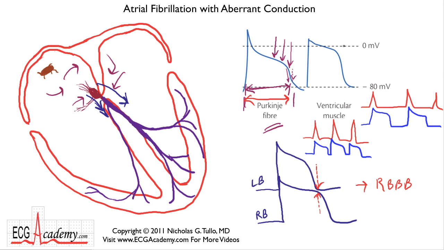If you remember when we first talked about measuring QT intervals, the QT interval changes depending upon the heart rate. And at faster heart rates, the QT interval generally shortens. This is a reflection of the fact that at faster heart rates, the action potential gets shorter and the refractory period gets shorter. So with shortening of the action potential and shortening of this refractory period, the QT gets shorter.